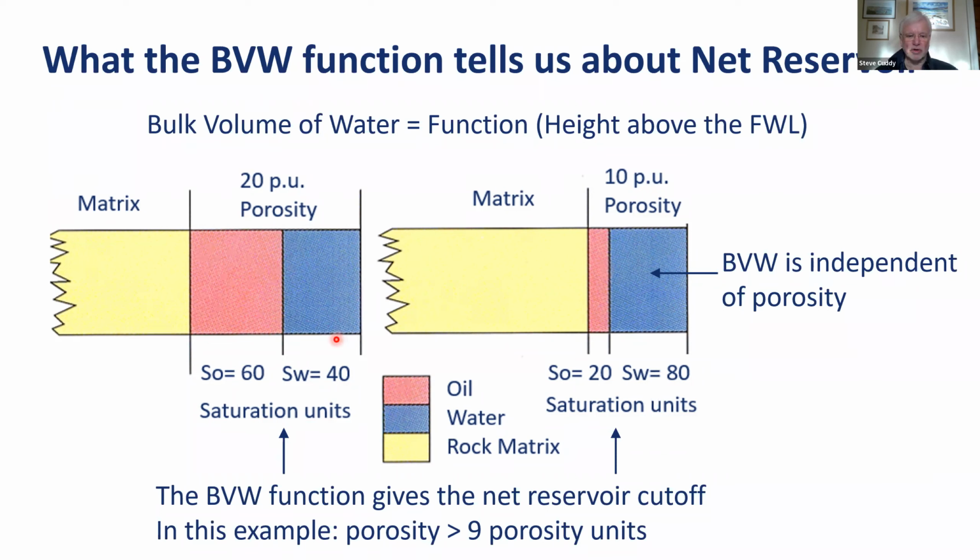So this is the amount of water in the good quality rock, and therefore it gives us a water saturation of 40%. Whereas in the poor quality rock, the BVW is the same and SW is 80%. So in this case, the net reservoir cutoff is 9 porosity units.